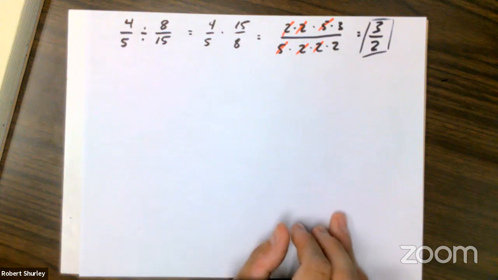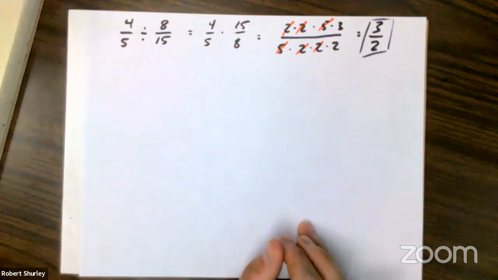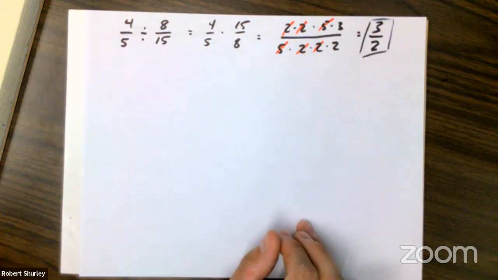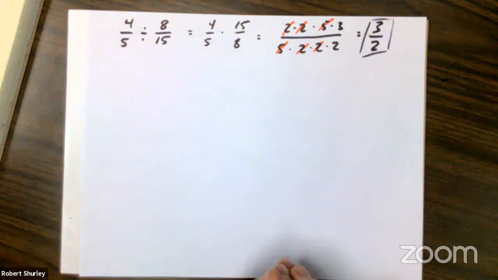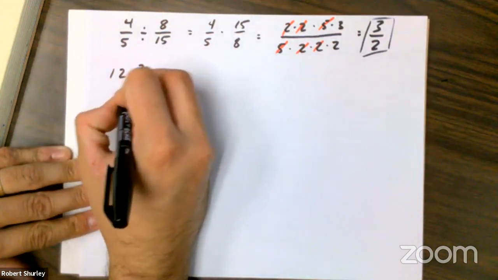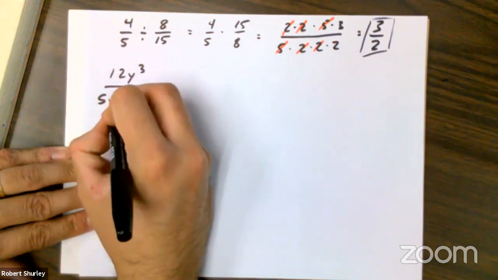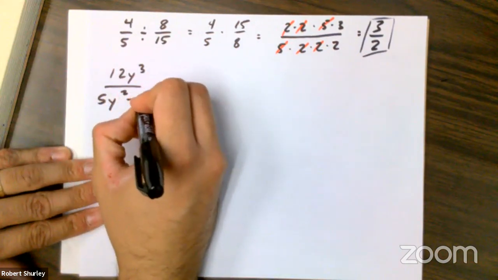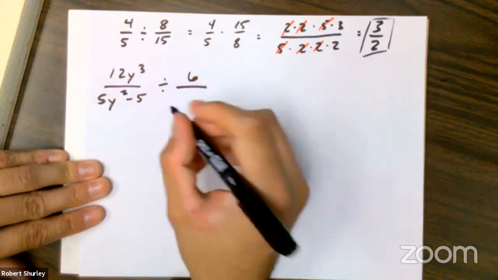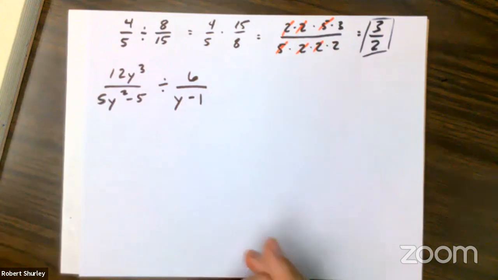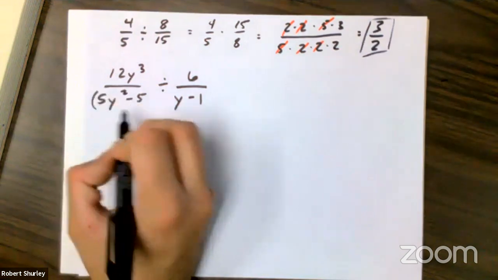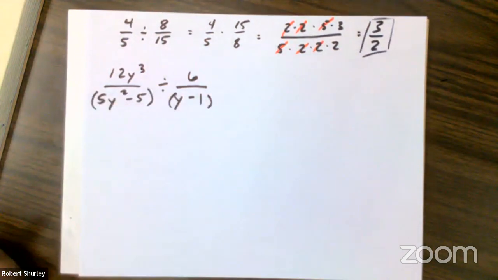So if we looked at an example, I'm stealing this one straight from the homework. Actually, I'm going to change it up a little bit. If we had 12y cubed over 5y squared minus 5 divided by 6 over y minus 1. I'm going to put parentheses around everything before I do anything, okay?